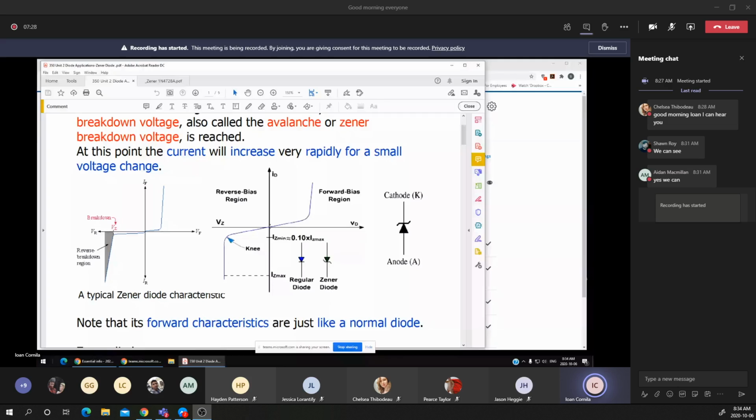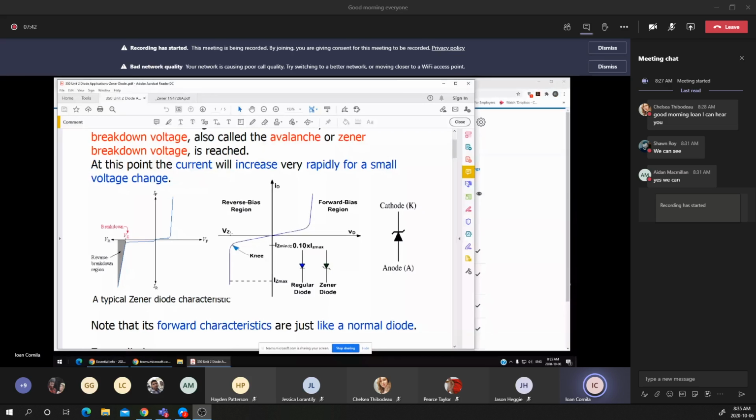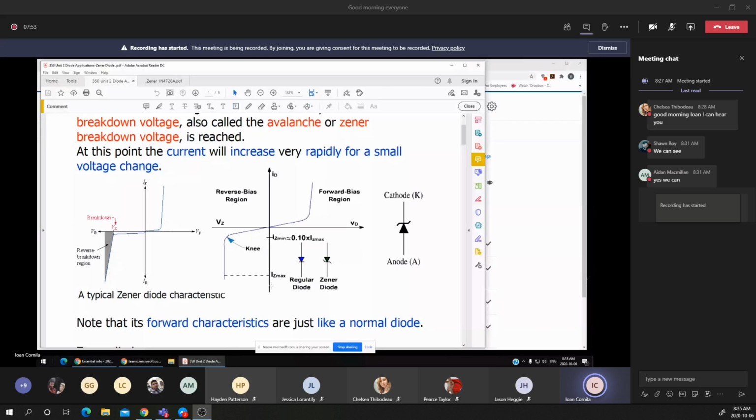In reverse bias, once the diode reaches the VBR, the breakdown voltage or avalanche voltage, this type of diode may have a spike or increase in current for an almost steady voltage.